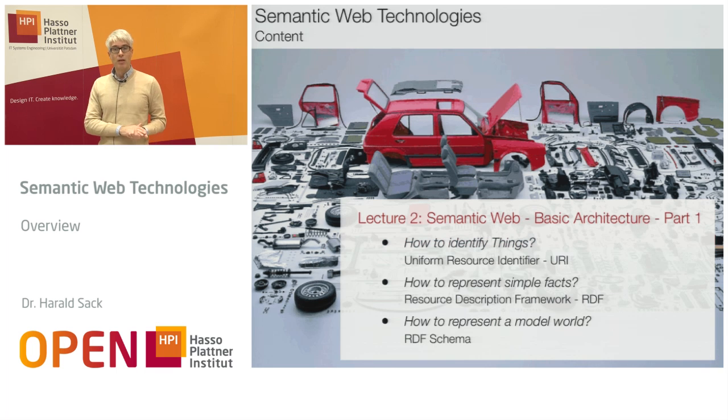This we can do with a language called RDF Schema, so it's Resource Description Framework Schema. It's a schema definition language that enables us to model small worlds with explicit semantics, but only with a small fraction of semantics. So it's only the first part of the lecture on how to represent knowledge on the semantic web.